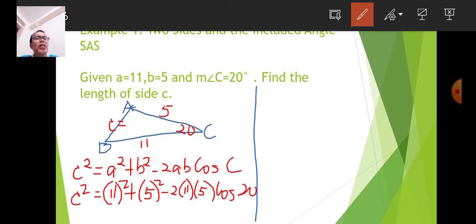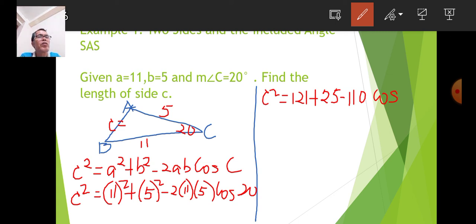So that is now C squared is equal to the square of 11 is 121 plus the square of 5 is 25 minus, we are going to multiply 2 times 11 times 5, you will have 110, so 110 times the cosine of 20.